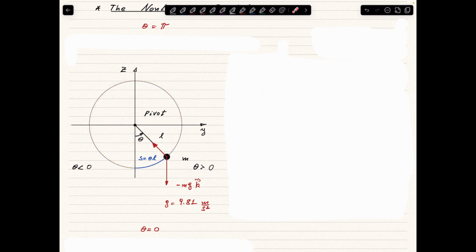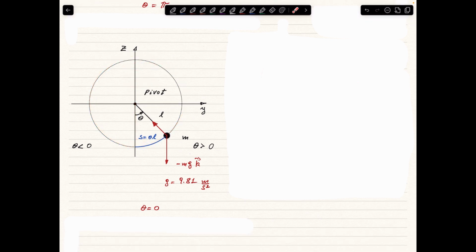And this position also represents the pendulum if it moves from the other direction, in which case it's negative 2 pi, and then with one more turn, negative 4 pi, and so on. So the position here of the pendulum could be theta equals 0, 2 pi, 4 pi, and so on, or negative 2 pi, negative 4 pi, and so on.